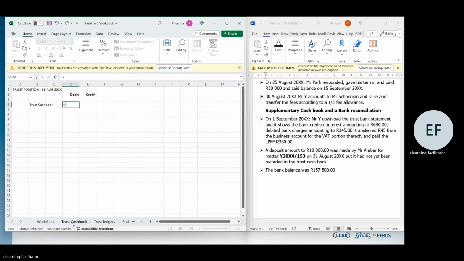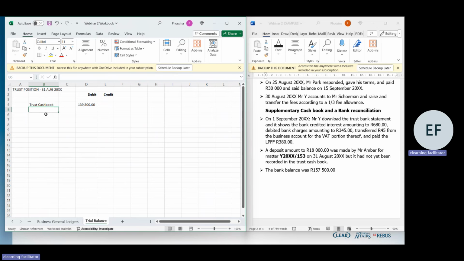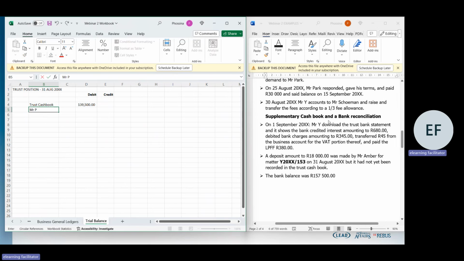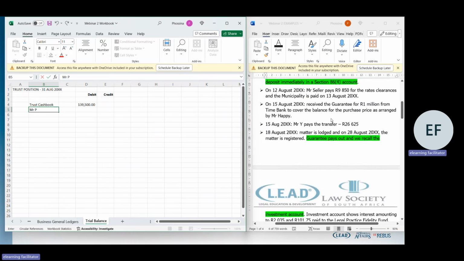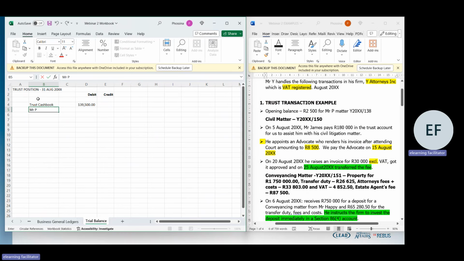And whose money is this? Let's track it. We've got Meta for Mr. P, which was the opening balance, 20XX stroke 138. We are carrying it over. He is our creditor, so we'll have a credit balance.